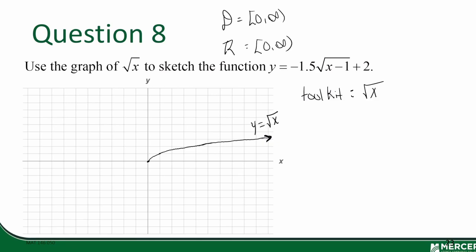Toolkit is still square root of x, so identify the toolkit, identify transformations. I mean, horizontal stretch, compression, horizontal, vertical compression, 25. You want any of them? Yeah, doesn't matter.